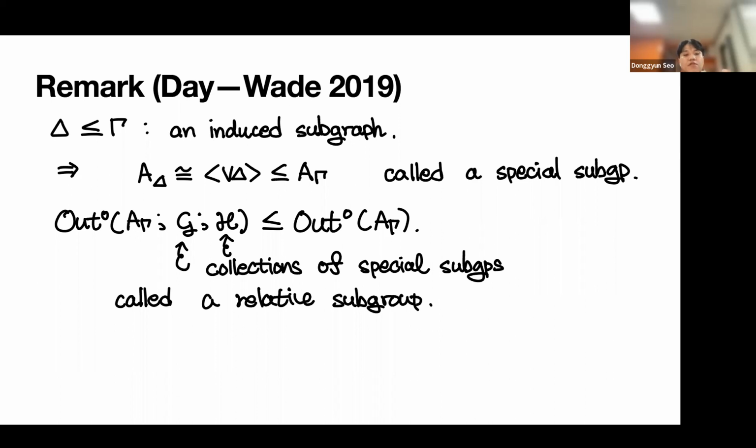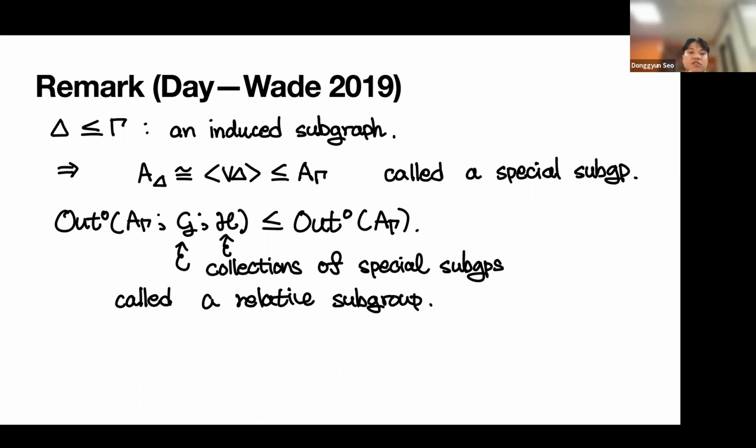So if you arbitrarily choose two collections of special subgroups, then they define the relative automorphism group by the collection of automorphisms that preserve the special subgroups in G, and fix the special subgroups in H pointwise.